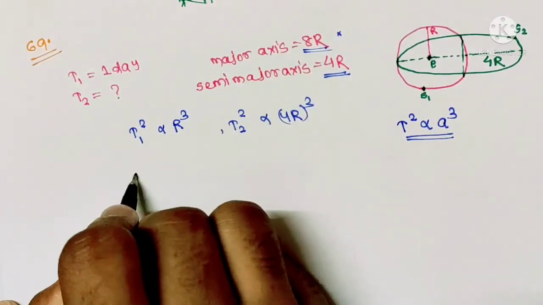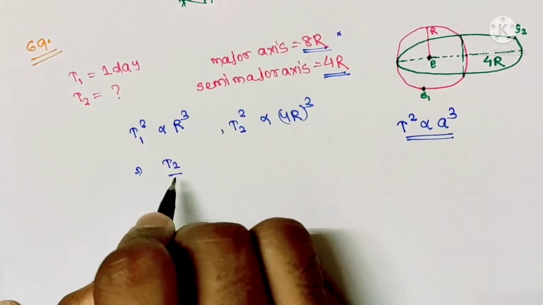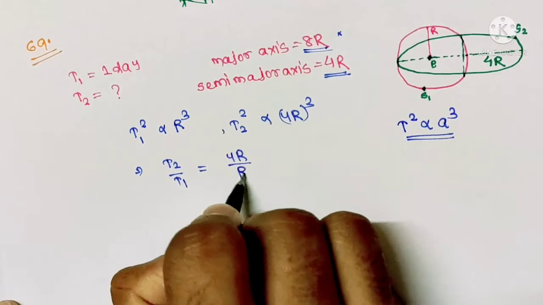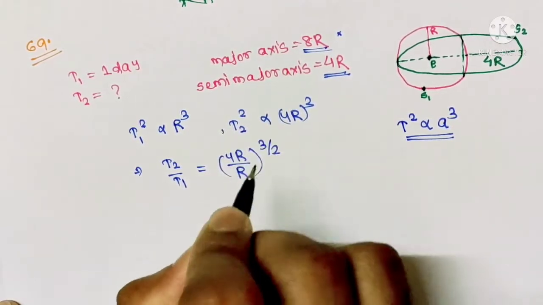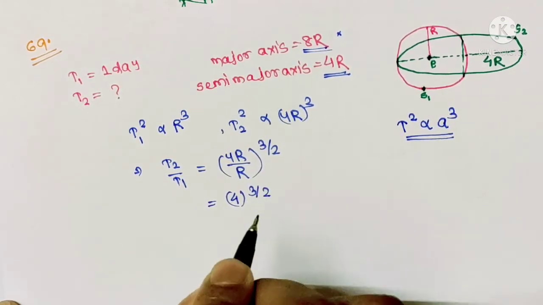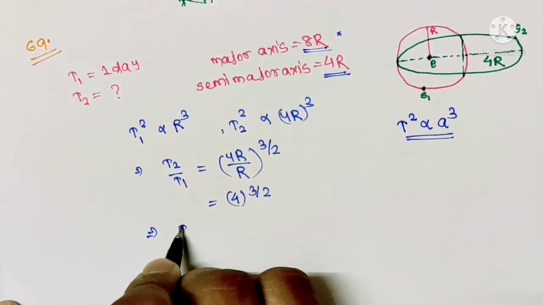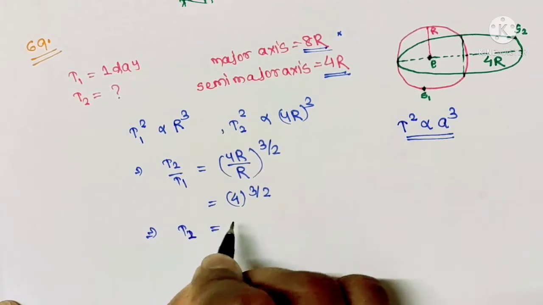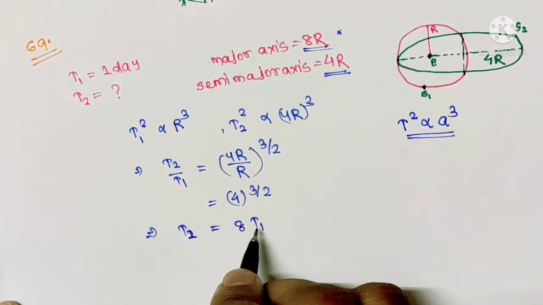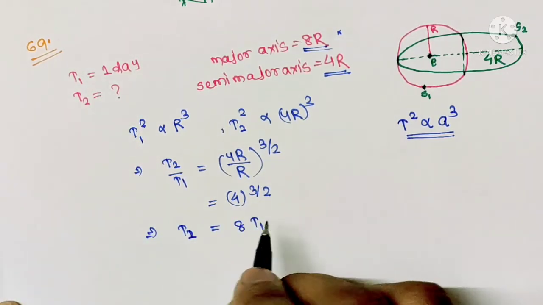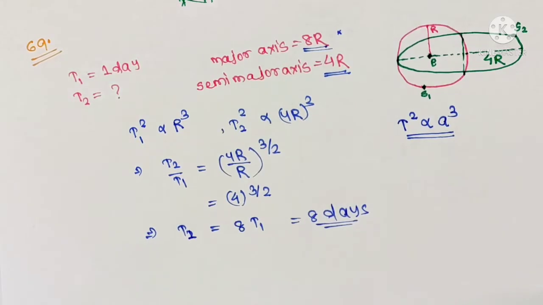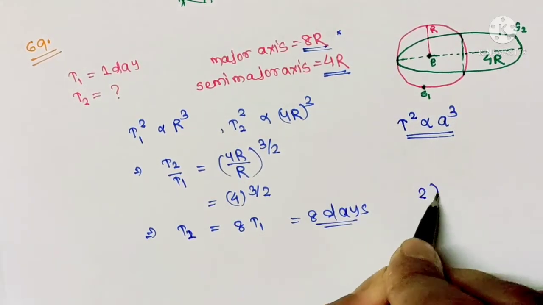So now T2 by T1 will be equal to 4r by r to the power 3 by 2, that is 4 to the power 3 by 2. So from here T2 equals 8 times T1, that is T1 is 1 day, so 8 into 1 day will be 8 days. So your correct option is option 2.